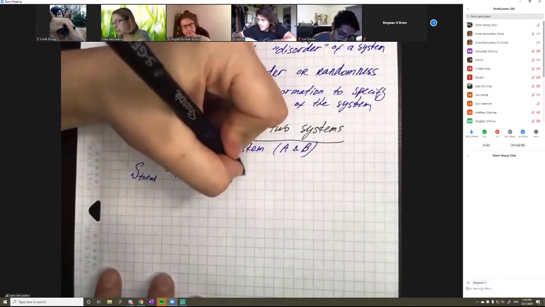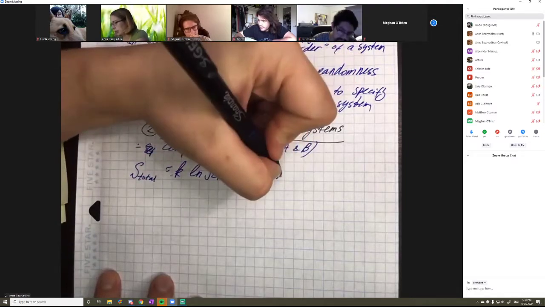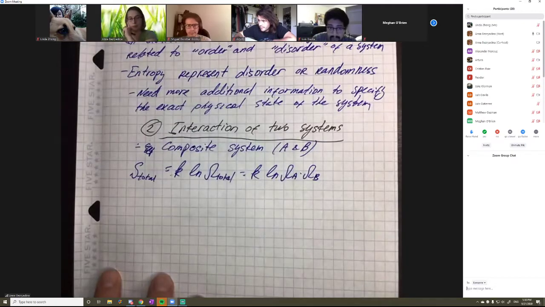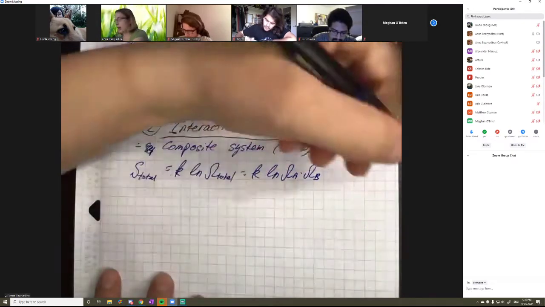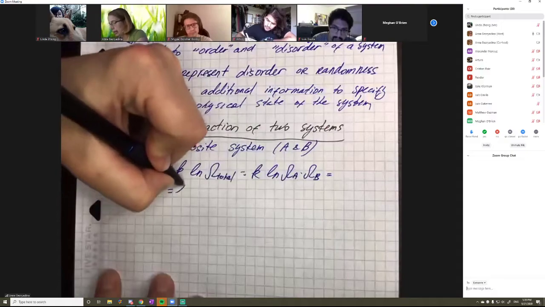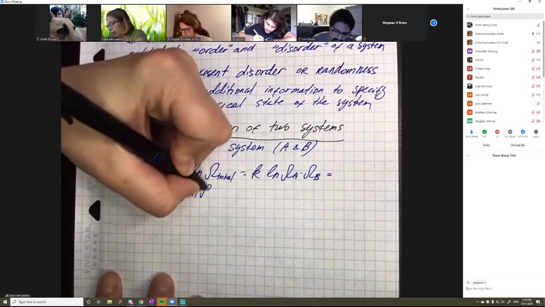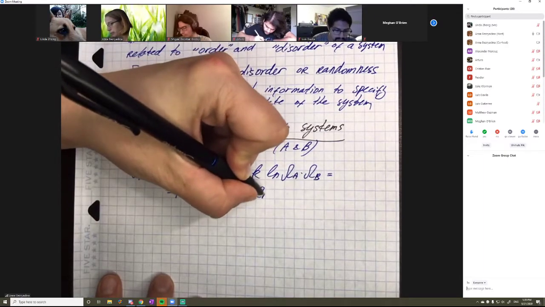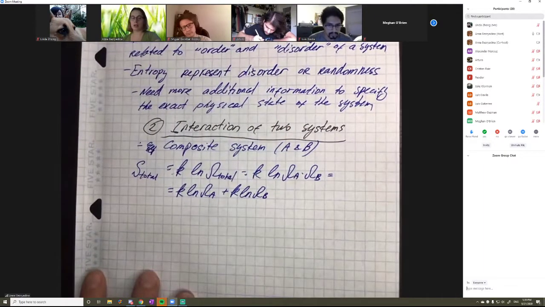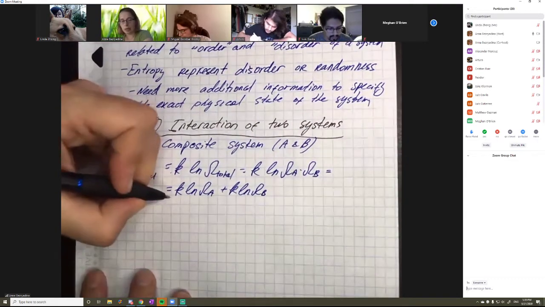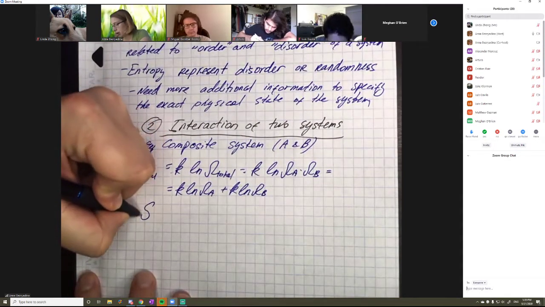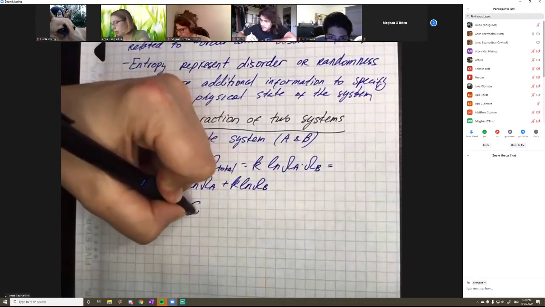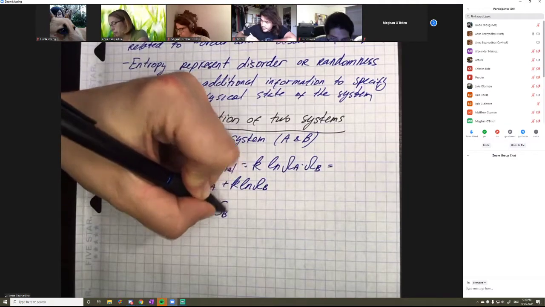And we discussed that total multiplicity is equal to multiplicity of A times multiplicity of B. And this can be written as k logarithm of multiplicity A plus k logarithm of multiplicity B. So you can see that we can define total entropy as equal to entropy of A plus entropy of B.